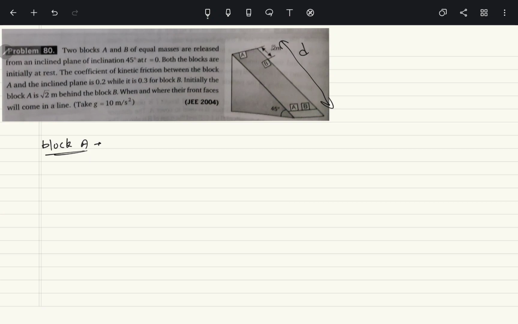The masses of these two blocks are equal, so I'm taking this as m. So mg sin 45, minus the friction, which acts in the opposite direction, that is mu into N, and N is mg cos 45, is equal to mass into acceleration.